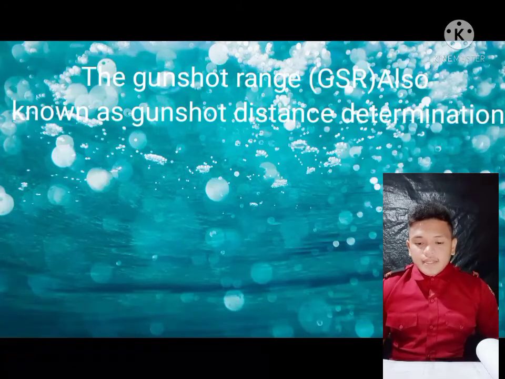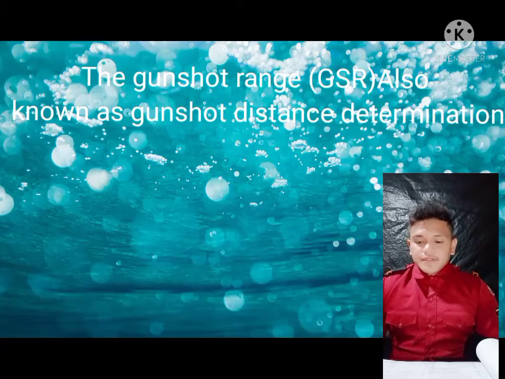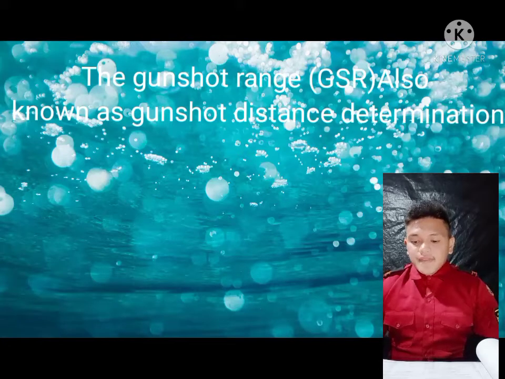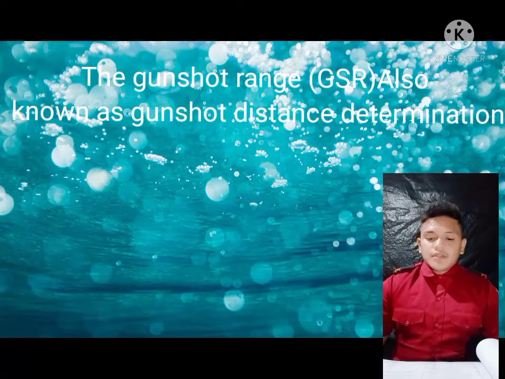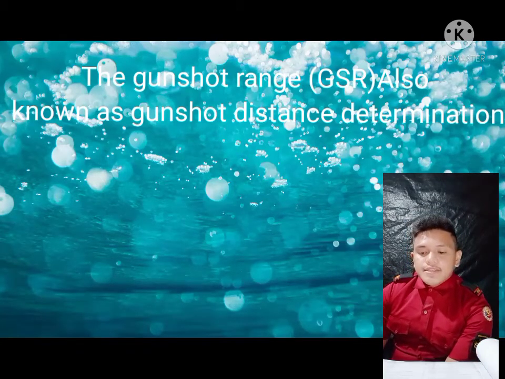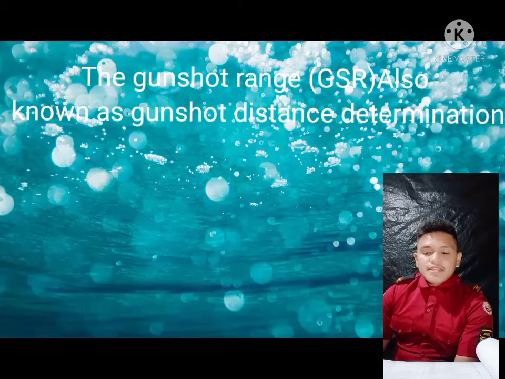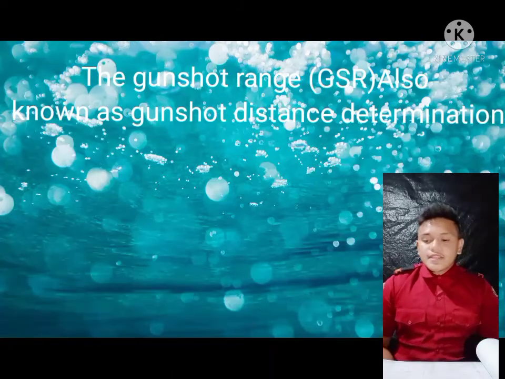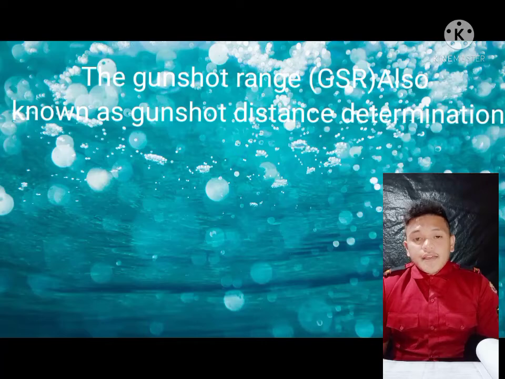The size and density of the pattern of gunpowder residue found on the clothing are the main factors considered in determining the approximate distance of the shooter to the victim. As the distance to the victim increases, the size of the pattern expands while density decreases, and vice versa.